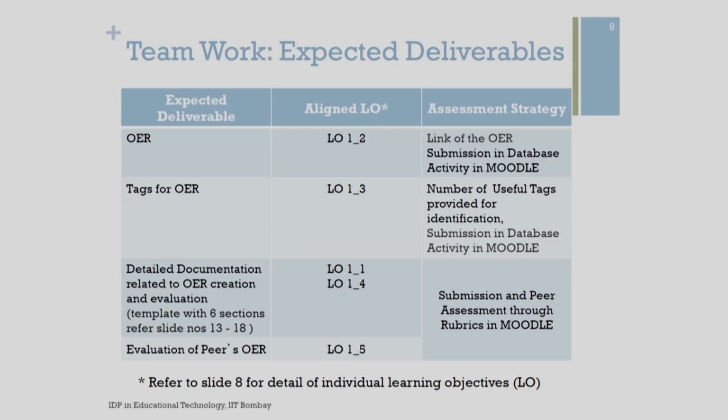Please note that we have acknowledged your complaints about the peer assessment process, and hence we have taken additional mechanisms in this particular assessment to ensure that these could be minimized. One, we will be releasing example OER documents and the rubrics well in advance.